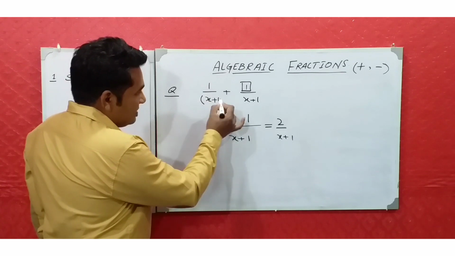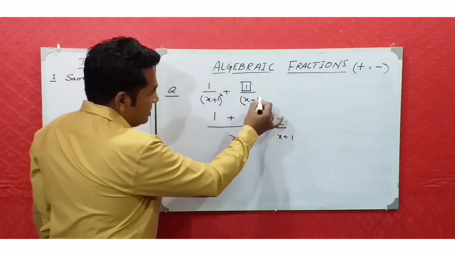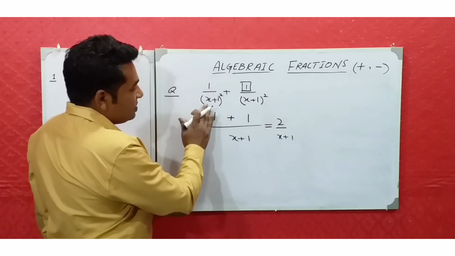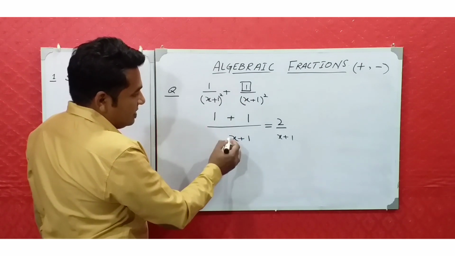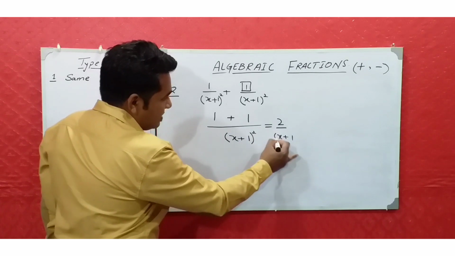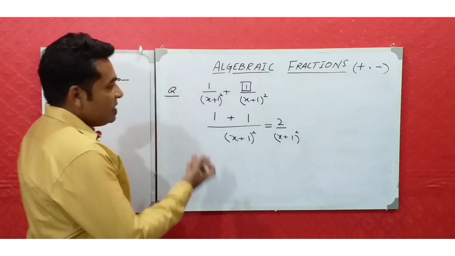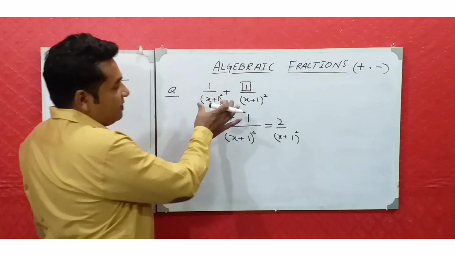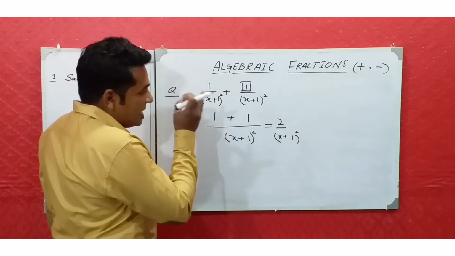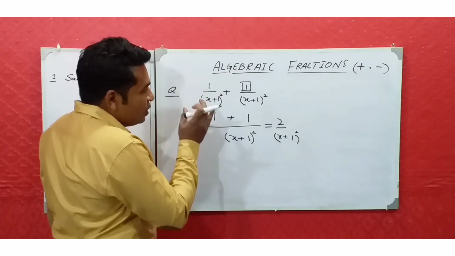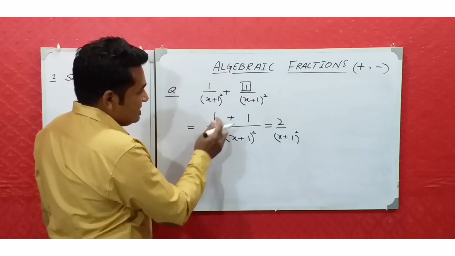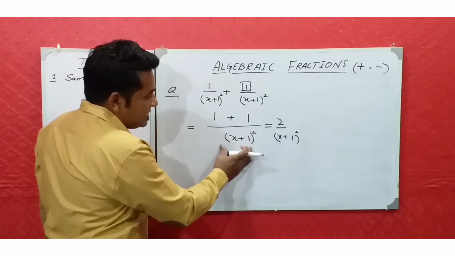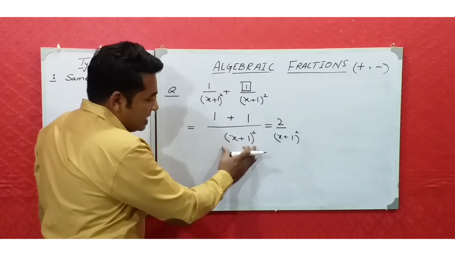If there is a square on both denominators, and you can see both are entirely the same, we just put the square here, and this becomes the answer. So if the denominators are exactly the same, the denominator stays as it is in the LCM.